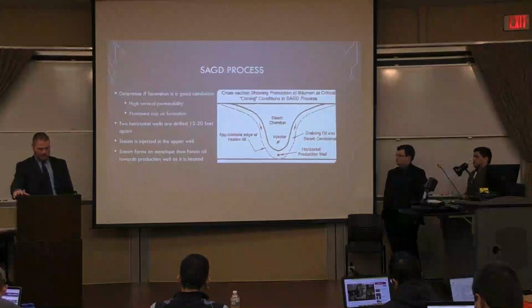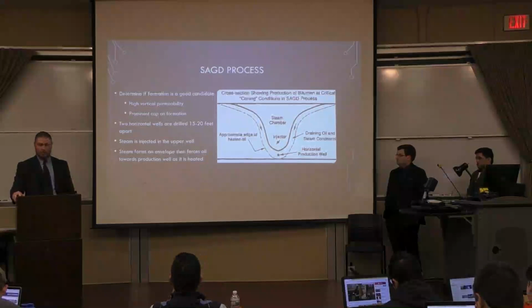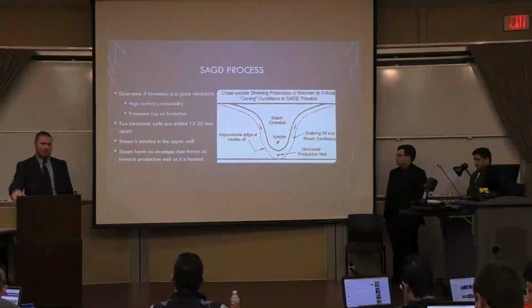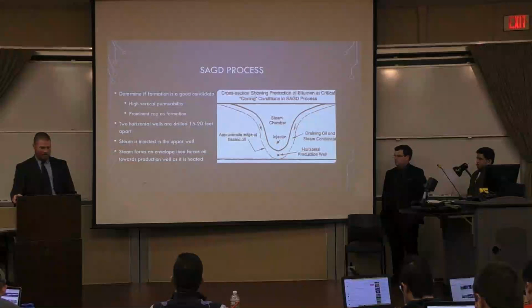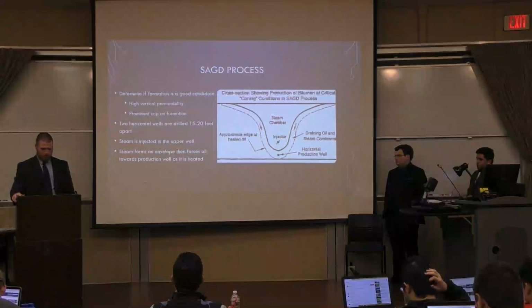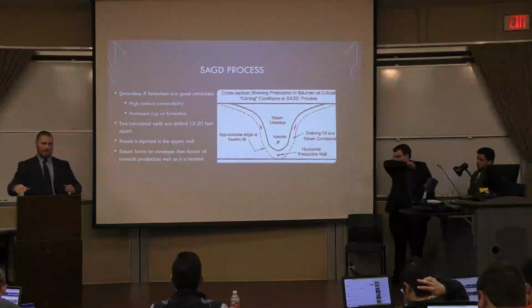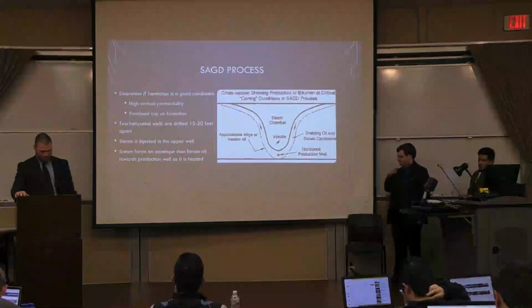High permeability allows the steam to fully envelop the formation more quickly, and an impermeable cap rock must be included in order to halt the advance of the steam's vertical movement, so that it can be contained within the reservoir and fully envelop it.